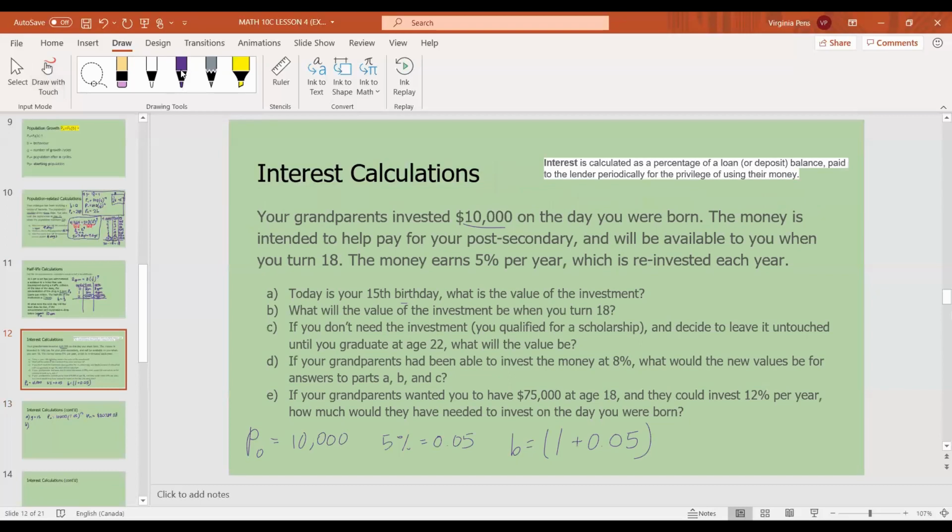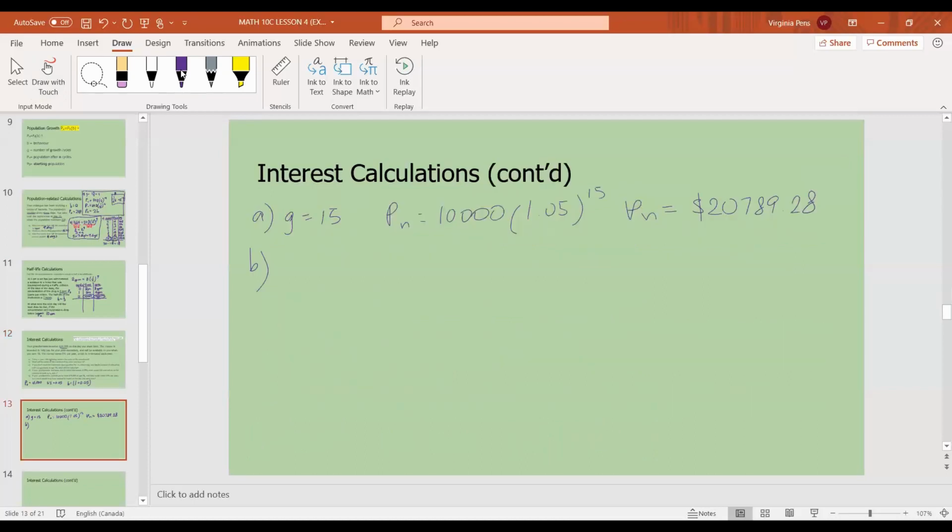B says, what will the value of the investment be when you turn 18? All right, so now with 18, we're given the growth cycle. G is equal to 18, which means we can write up another nice equation. Pn is equal to 10,000 times 1.05 to the power of 18.